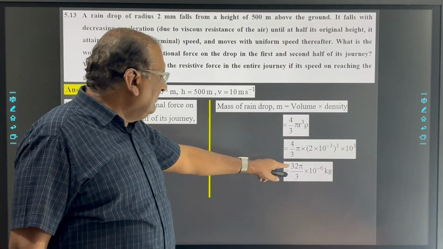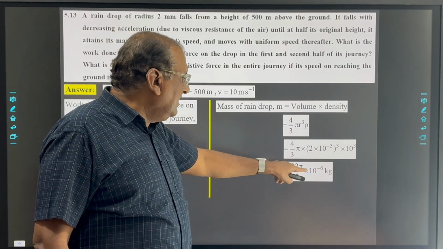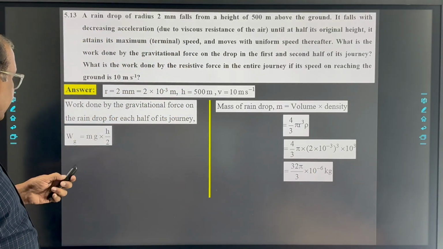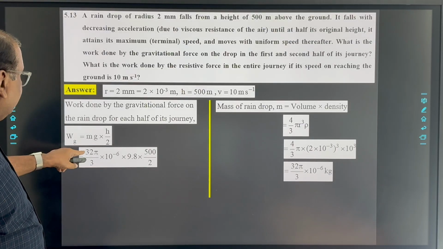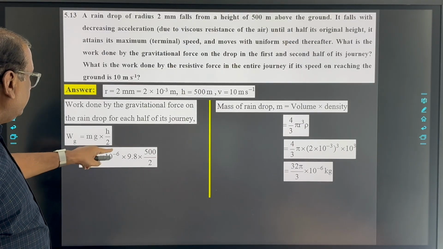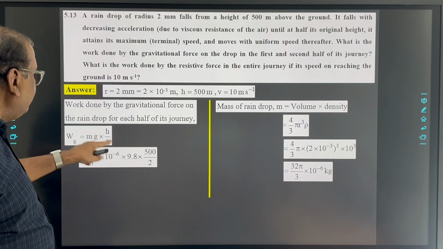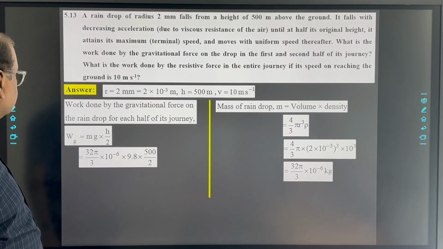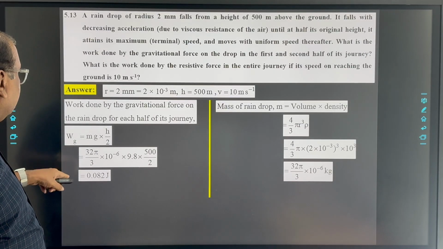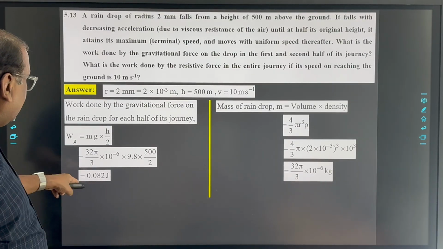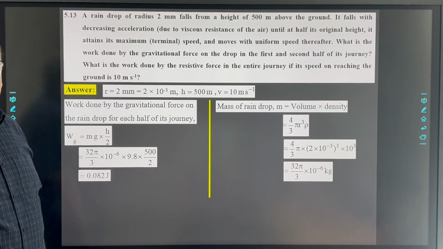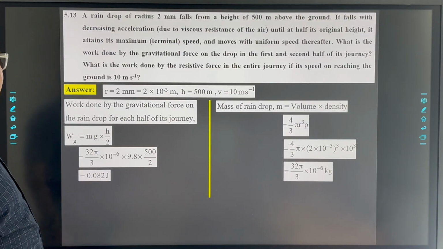So our answer will be 32π/3 × 10^-6 kilogram. Substitute this value here. So m is 32π/3 × 10^-6, g is 9.8, into h by 2. Okay. So work done by gravitational force on the raindrop is 0.082 joule. Clear?